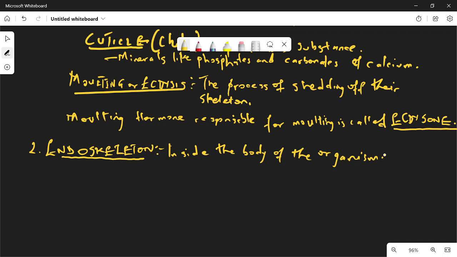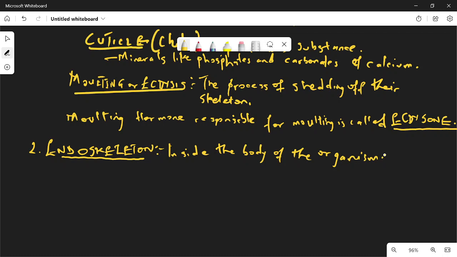Now, fishes, I believe you know that all Pisces have skeleton, and their skeleton is found inside the body of the organism, so they are referred to as what? Endoskeleton. Let me go straight there now.